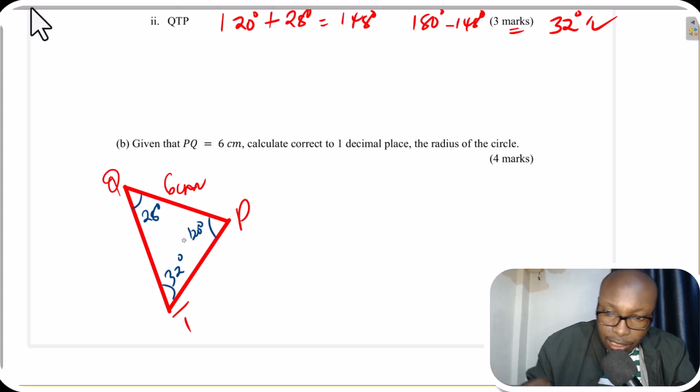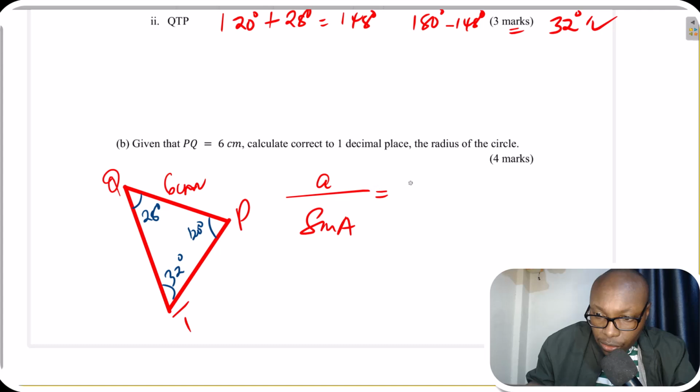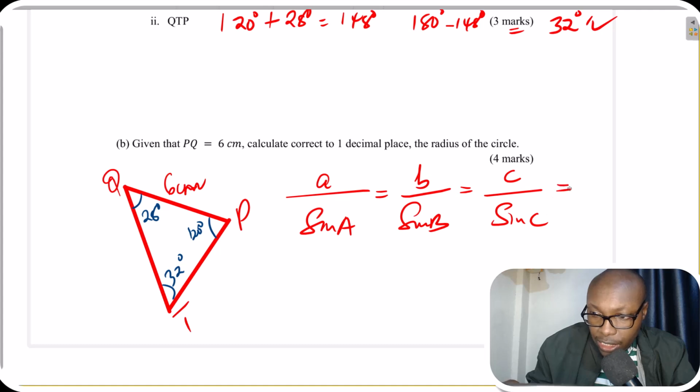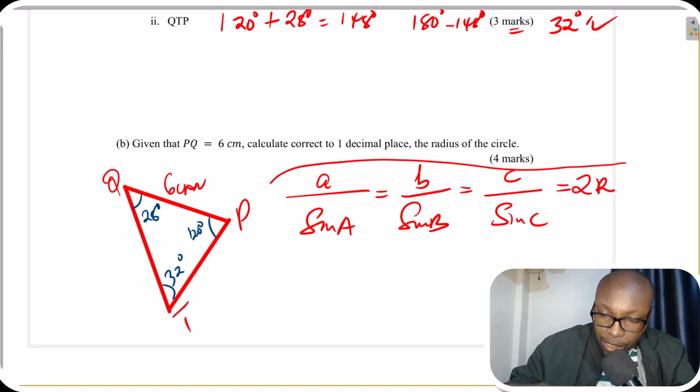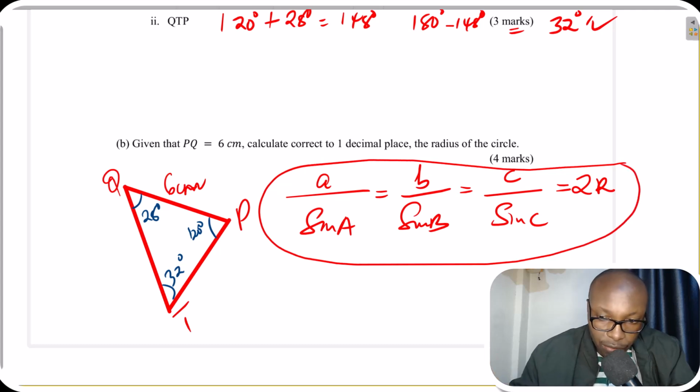Just to remind you, a divided by sine A is equal to b divided by sine B is equal to c divided by sine C, which is equivalent to 2 radius.